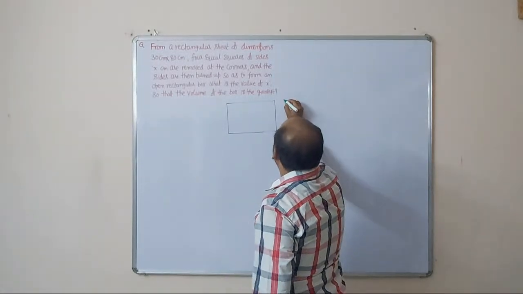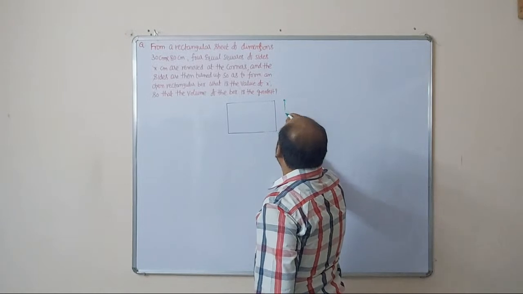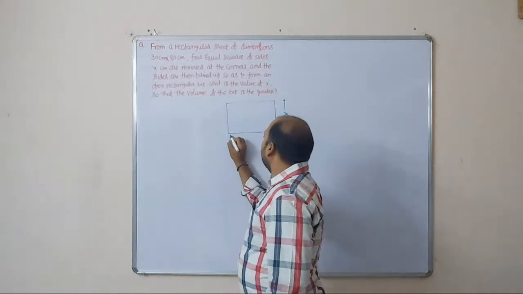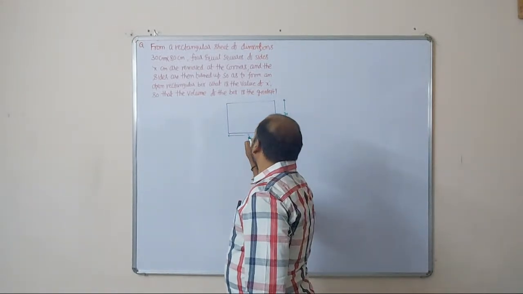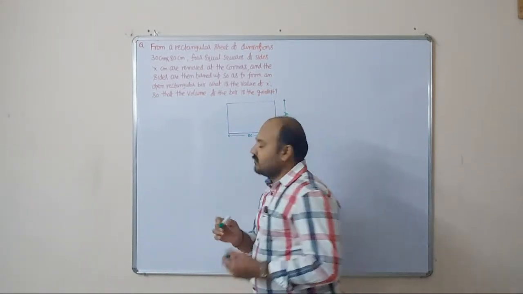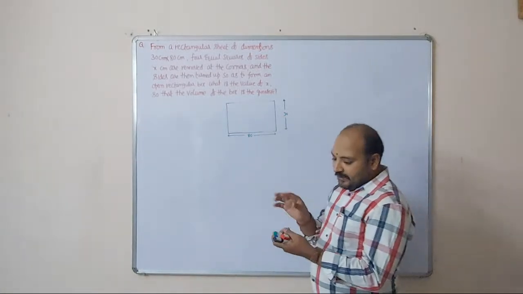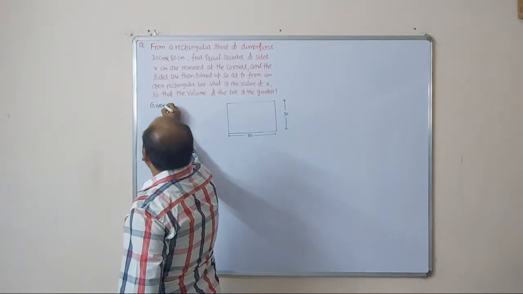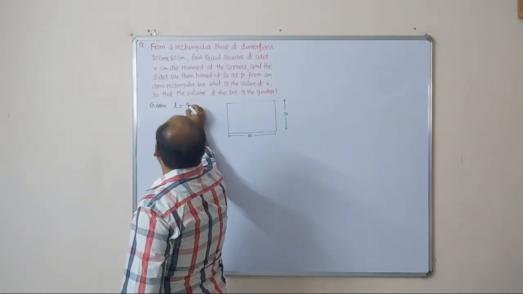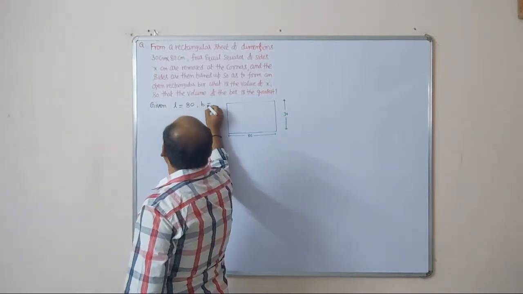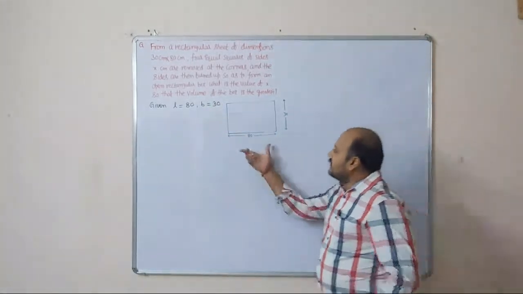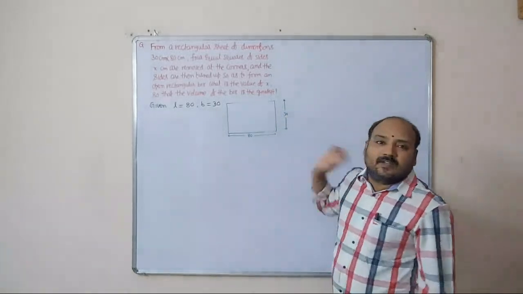From here to here, 30 centimeters; from here to here, 80 centimeters. So the dimensions given are: length is equal to 80 and breadth is equal to 30. Does everyone understand that? Length is 80, breadth is 30.